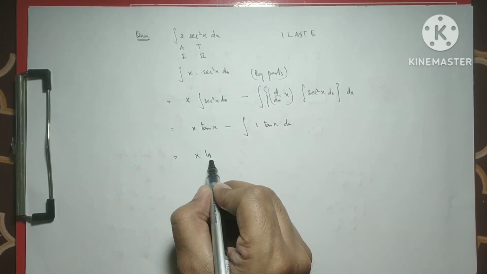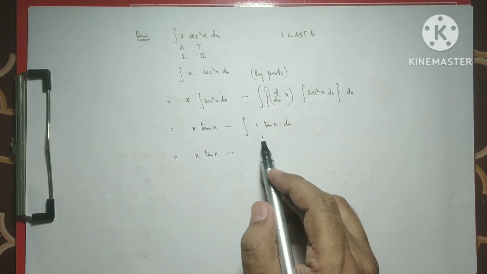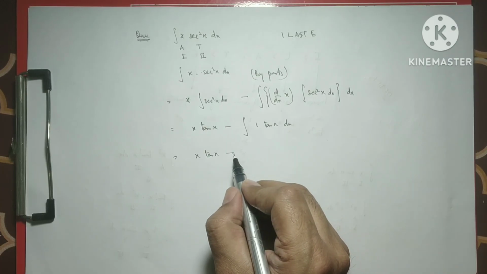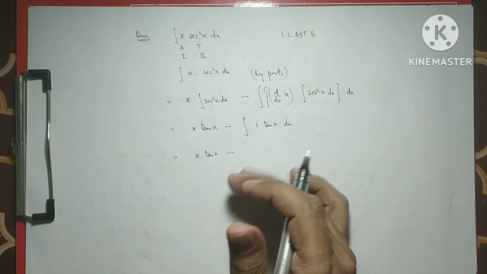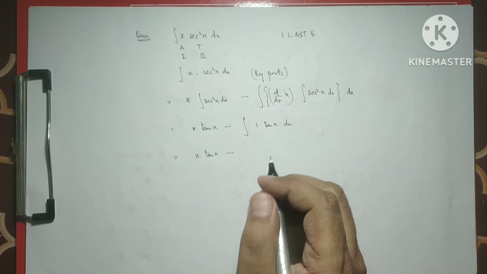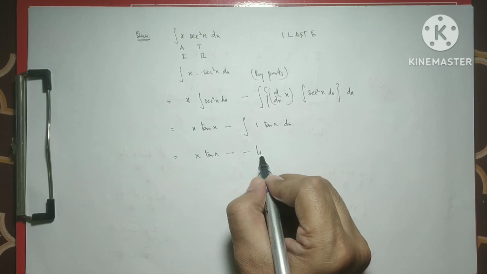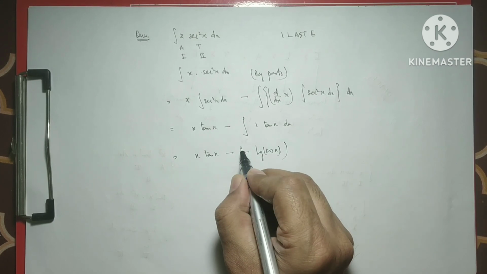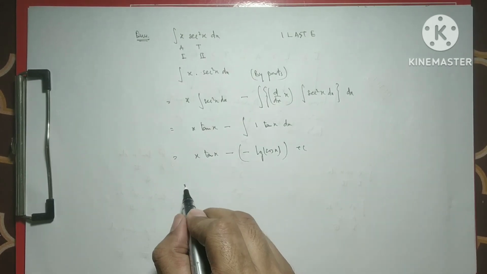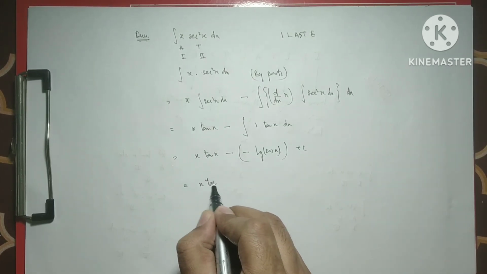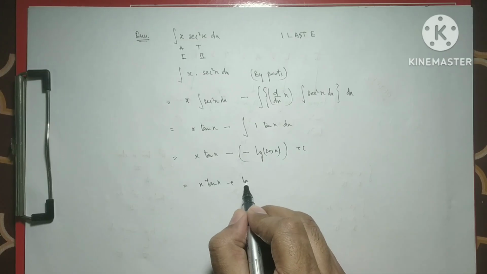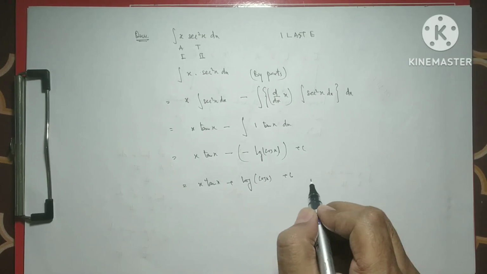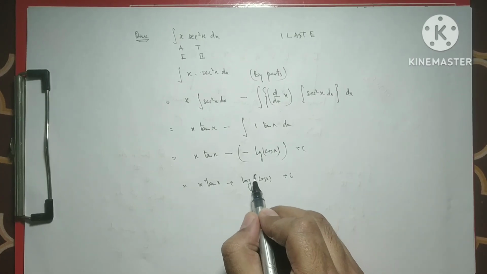So x tan x minus integration of tan x is log cos x. So it is minus log cos x, so minus minus will be positive, so the answer will be x tan x plus log of cos x. So this is the answer.